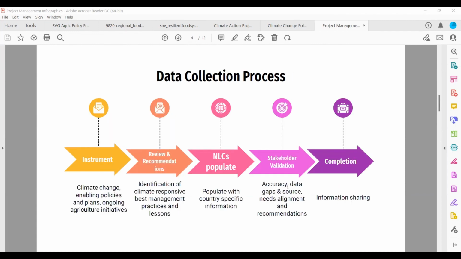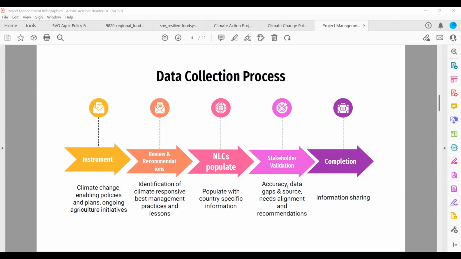So the data collection process, the instrument was basically a collation of climate change enabling policies and plans and ongoing agriculture initiatives across the country. So that was the basic purpose of the instrument. A review was done to pull out what are the climate responsive best management practices and what are some of the lessons we would have learned from implementing some of those actions.